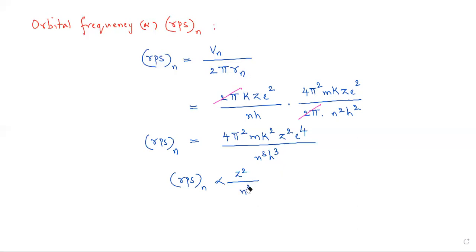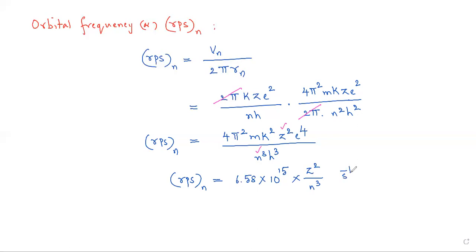Substituting all the values, this can be written as 6.58 into 10 power 15 into z square by n cube revolutions per second.